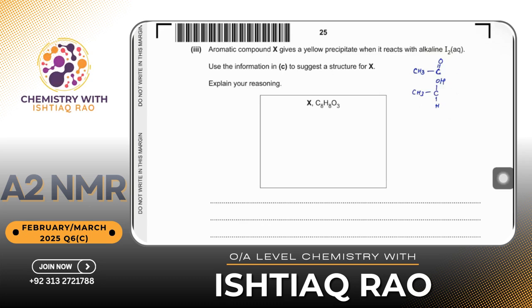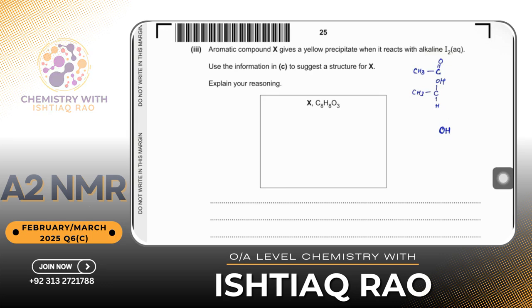Interestingly, they have told you that the sample is dissolved in D2O, so 2 peaks have disappeared. So it means there should be an alcohol, I'm talking about OH. It must have two OH groups. Why?